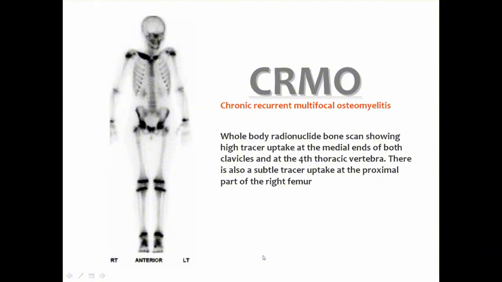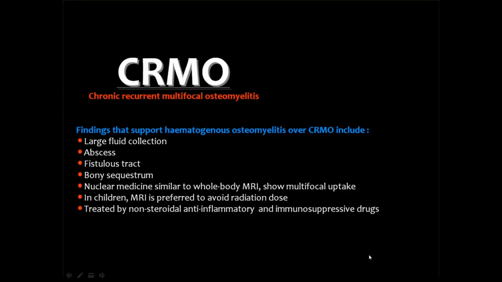Then the whole body bone scan can also help in the detection of the areas affected by chronic recurrent multifocal osteomyelitis, and I think you are able to see this particular affection of the right clavicle, and also to a lesser extent the left clavicle, and some of the metaphyseal parts of the long bones.